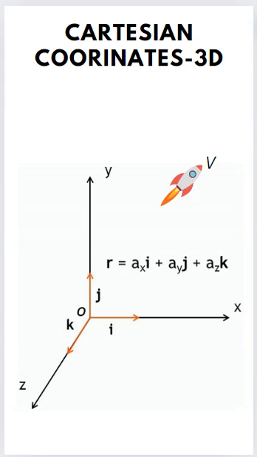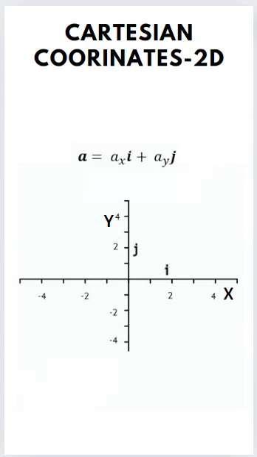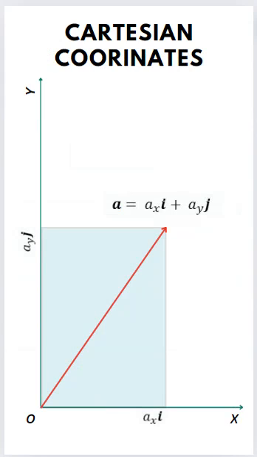The velocity vector has both magnitude and direction. In the Cartesian coordinate system, i, j and k are conventionally taken as unit vectors along the x, y and z axes. In 2D space, only x and y coordinates are used and the z axis is omitted. This is useful in studying the dynamics of physical quantities in two-dimensional spaces.